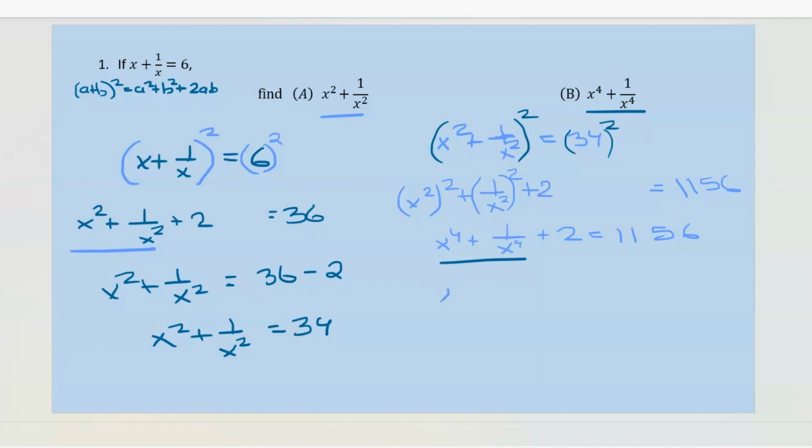Now we can just subtract 2 from both sides, which would result in 1 over x exponent of 4 equals 1,154. And that is our answer. Okay, moving on.